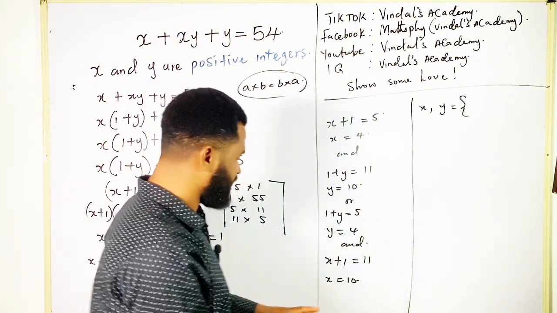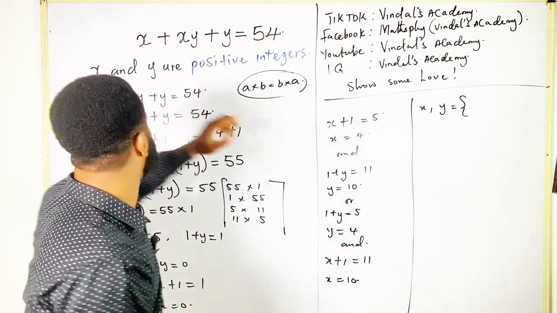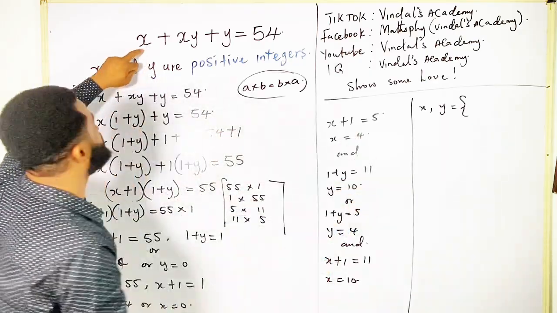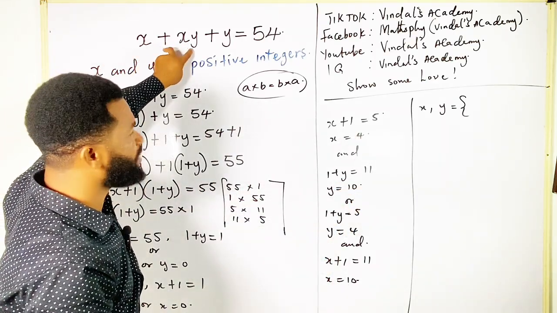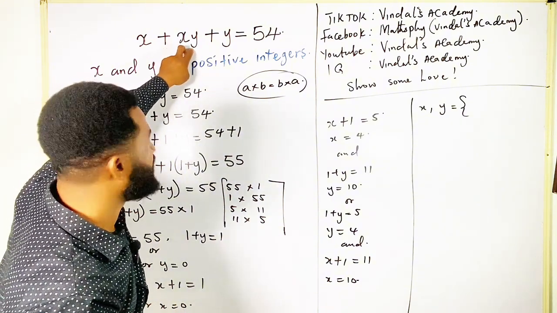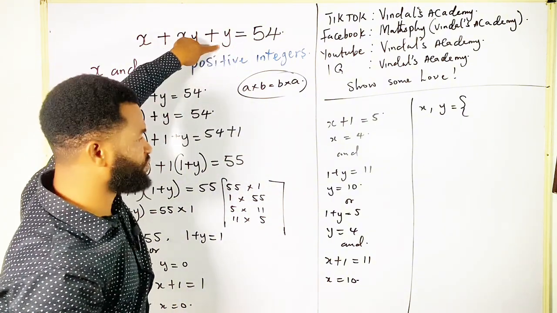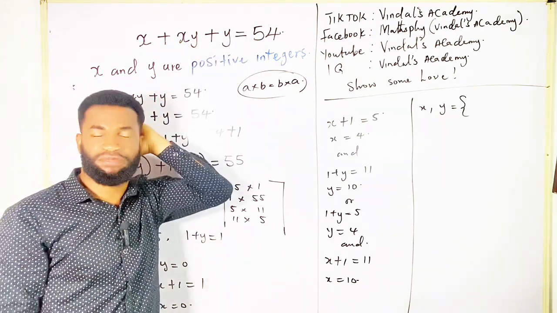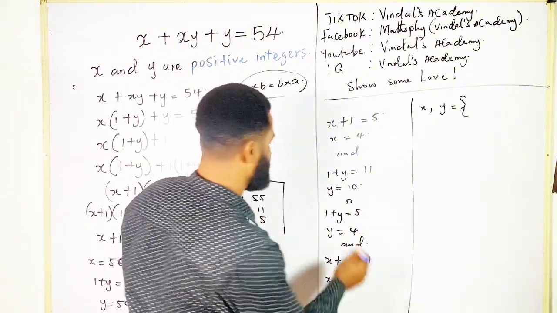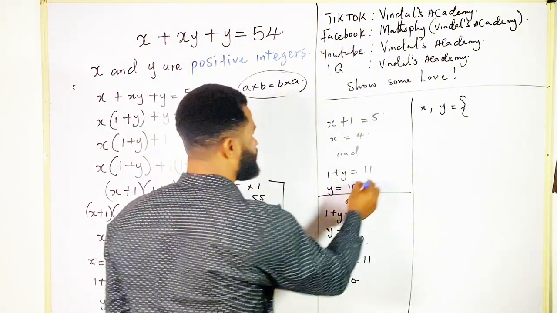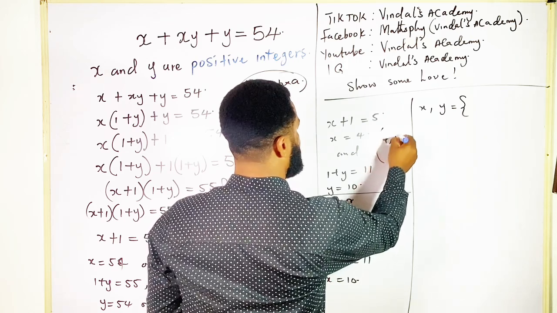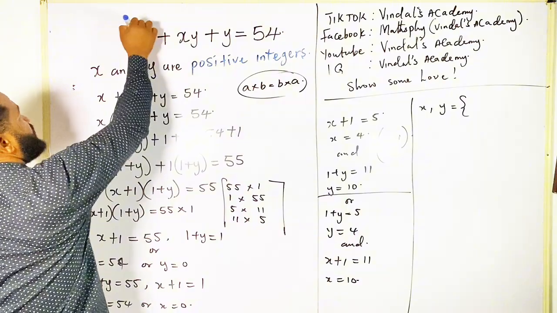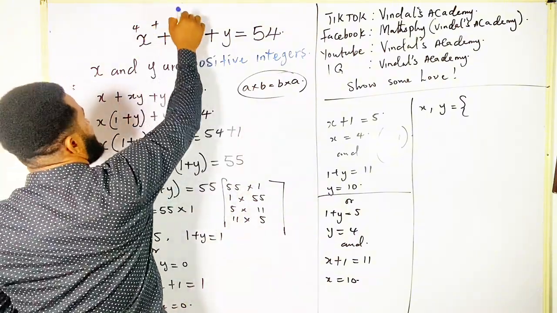So if you also check this, like I was saying, if I say x is going to be 4, and y is 11, 4 plus 11 times y, which is 44, and then 5, and y is also 11. You are going to have the answer to be 54. If you take this first value, such that we have 4 and 11, and put them here, this is 4 times y.